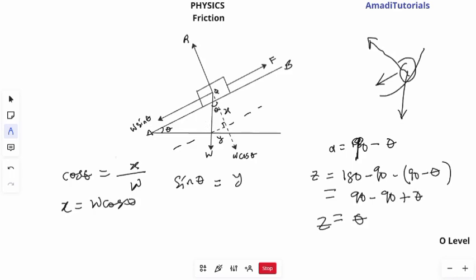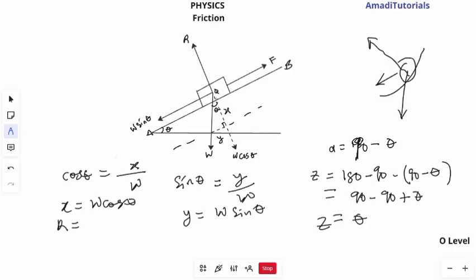Opposite in this case is Y, hypotenuse is W. So that our Y will be equal to W sine theta. So this part of the weight component that is trying to drag this body downward along the plane is W sine theta.